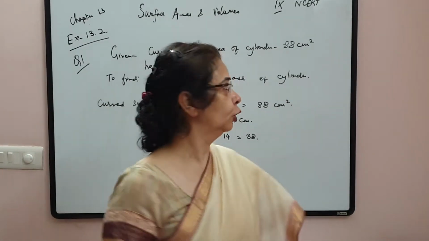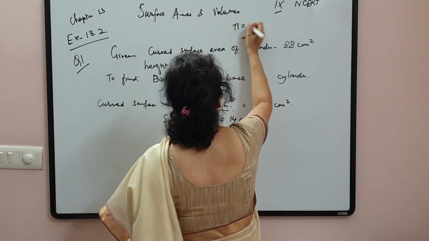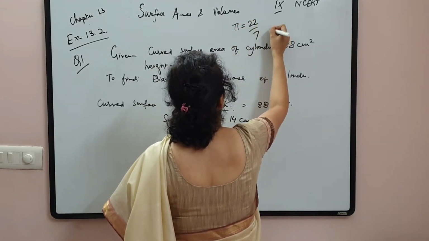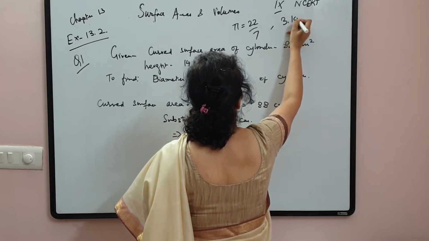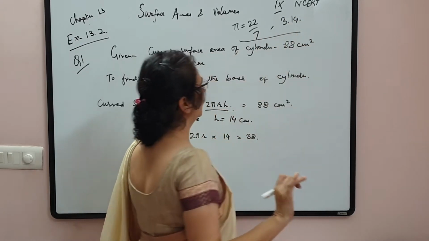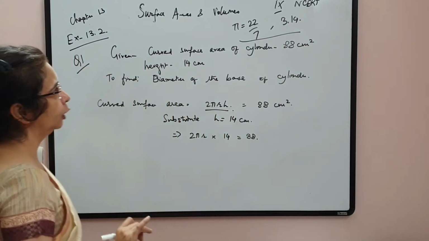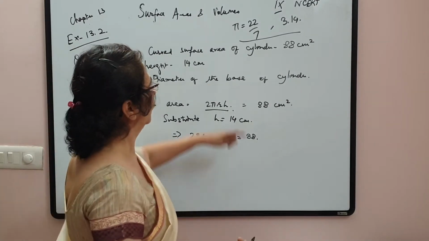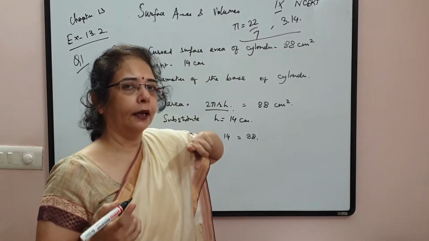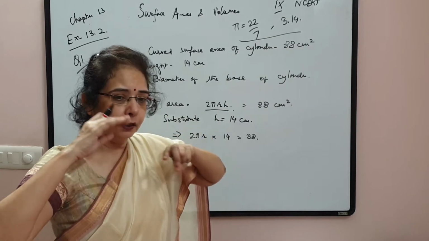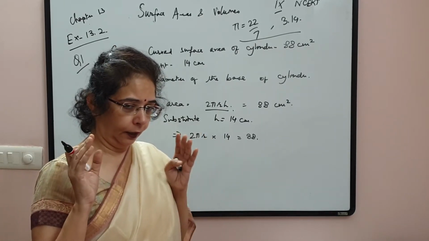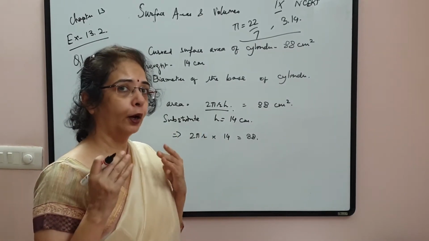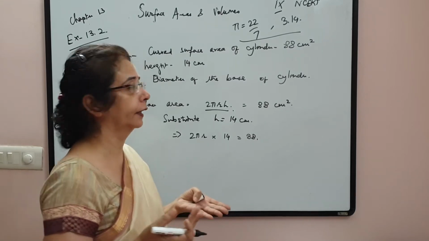they also give you that you may take the value of pi as 22 by 7, or they might say you take it as 3.14. In case they have not given you anything, then you have to decide on your own. But normally you have to see what the numbers in the question are. How does it help you to solve the calculation?